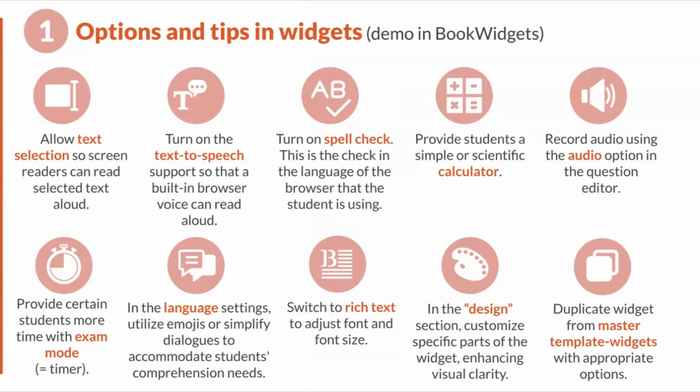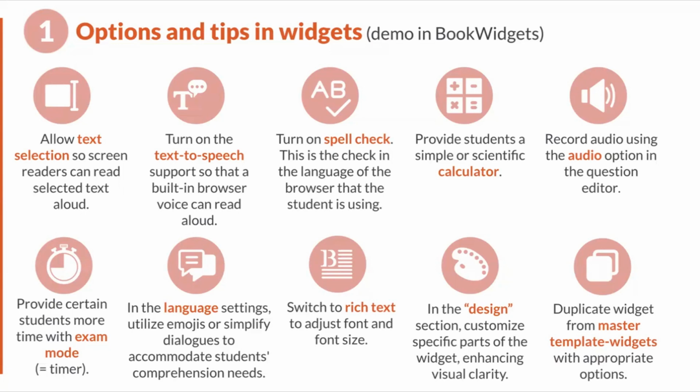You can record audio in any question using the rich text editor. You can provide certain students with more time in exam mode. You can also use the language settings to utilize emojis or to simplify your dialogues. So the buttons within BookWidgets, like the interface, can be made easier for, let's say, some language learners and early readers to accommodate their needs.